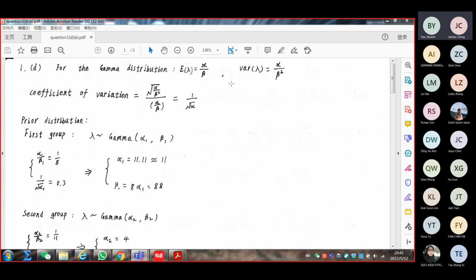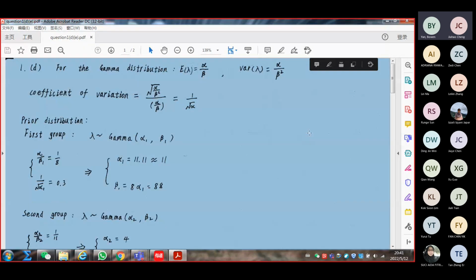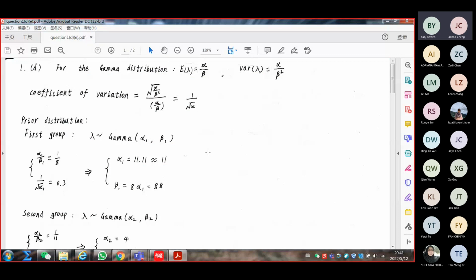Okay. And for the question D, we can see that it is gamma distributions, and we can get E lambda and var lambda. Then for the computation of variance, we can get it equal to this. Then we consider the posterior distribution first.